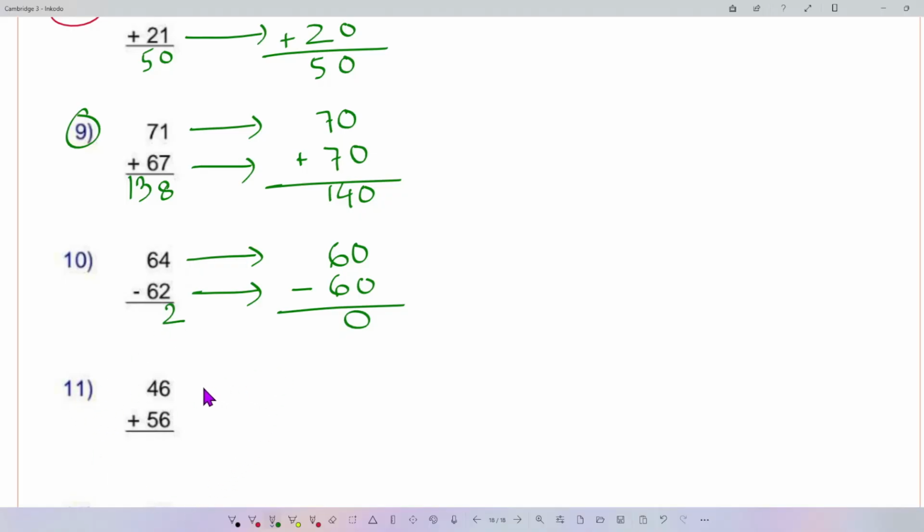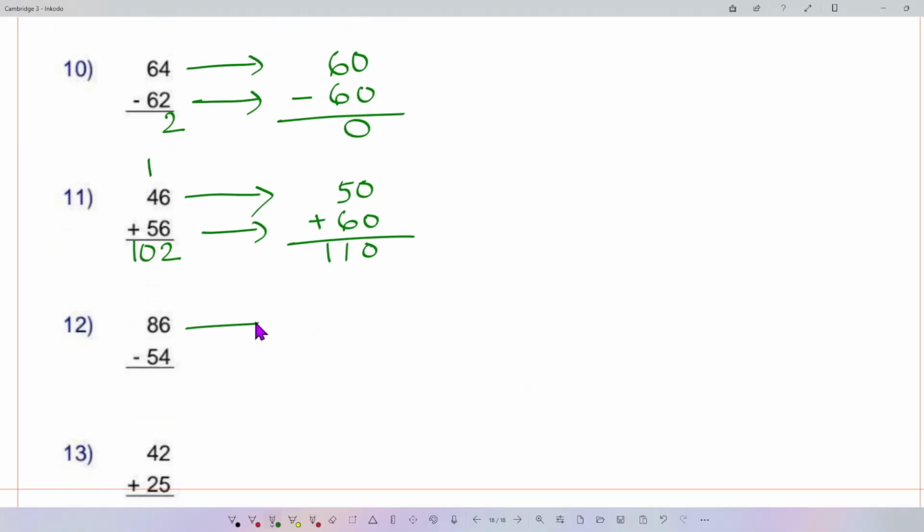Number 11, 46 nearest 10 50. 56 nearest 10 60. Summation 110. And actual problem, 6 plus 6 is 12, 2, carry 1, 5 plus 4 9, 9 plus 1 10.